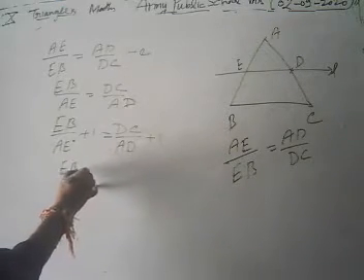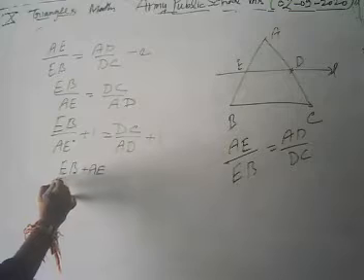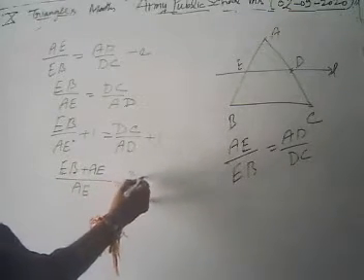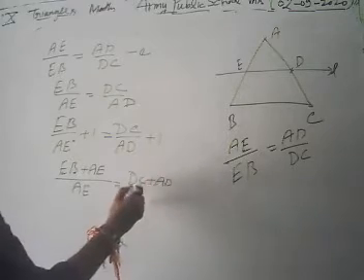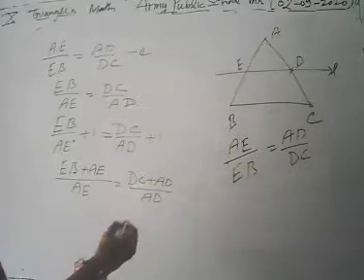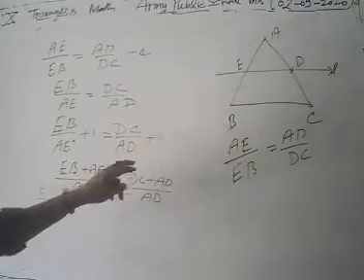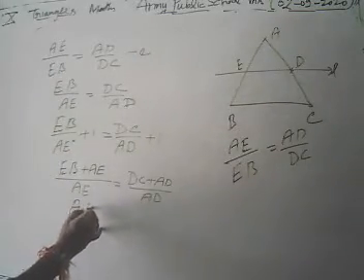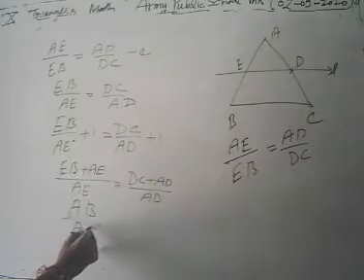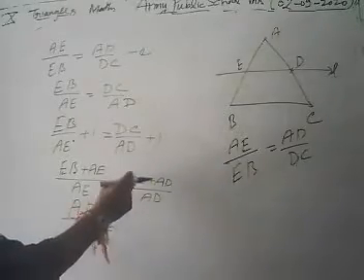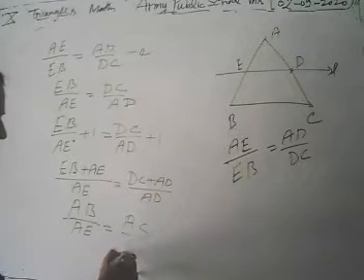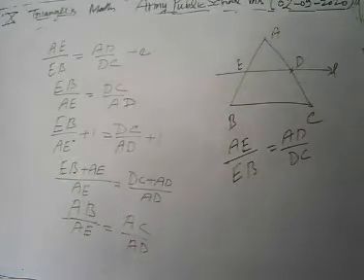We have EB plus AE upon AE is equal to DC plus AD upon AD. Now EB plus AE, what do we have? We get, yes, we get AB upon AE, and here we get DC plus AD is what? It's AC upon AD.